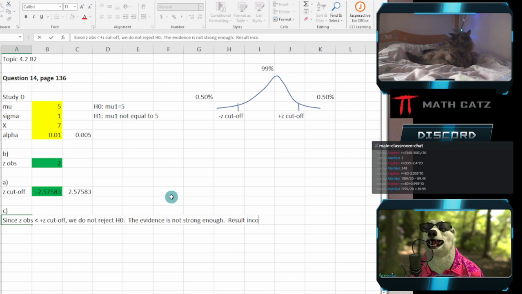Result inconclusive. Remember, we are never accepting the null hypothesis and saying, yes, the true population mean is in fact 5.